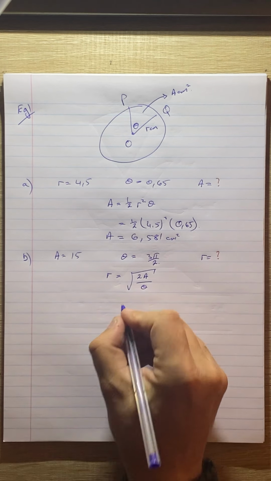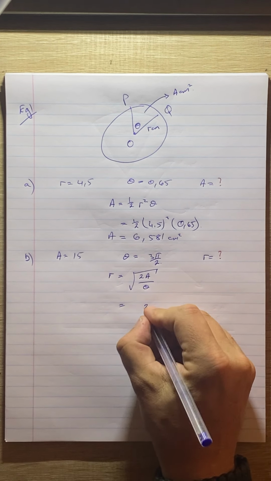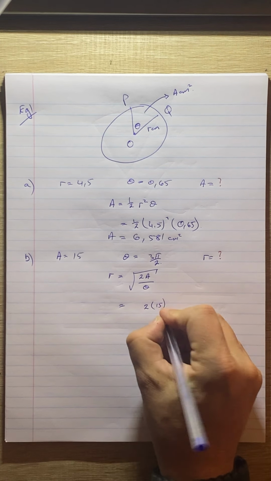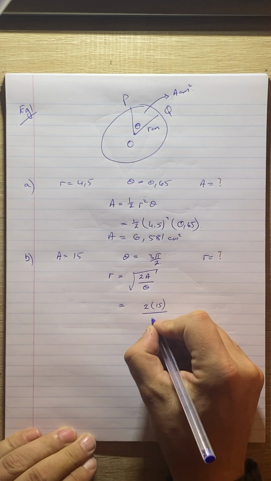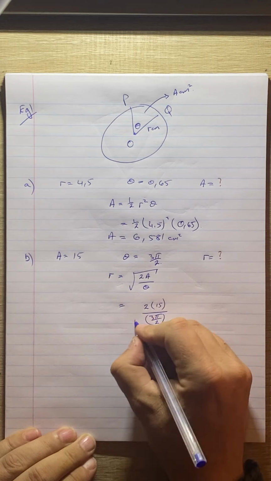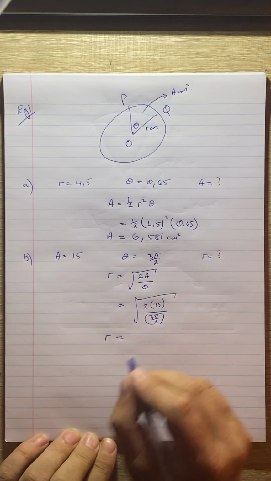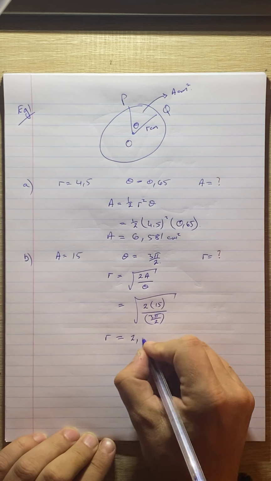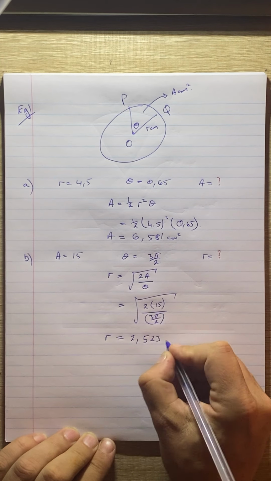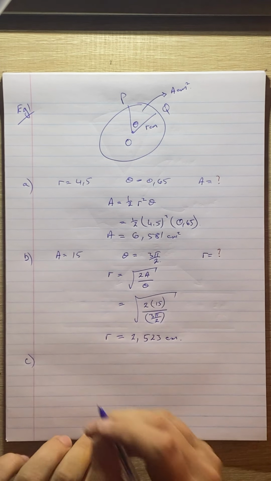Substitute my values in, and we get the square root of 2 times 15 over 3 pi by 2. Plug that in the calculator, and you will get a radius of 2.523 centimeters.